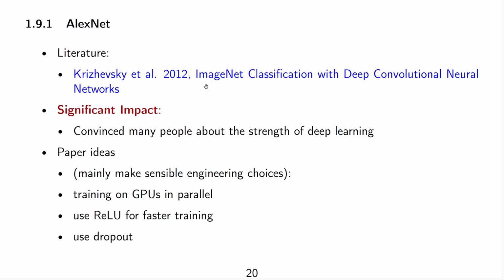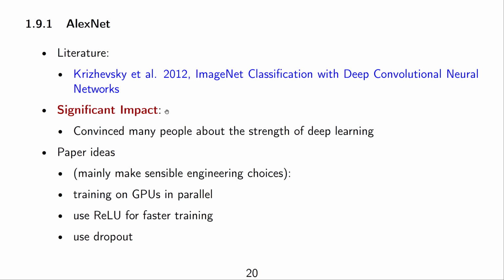AlexNet is described in the paper Image Classification with Deep Convolutional Neural Networks by Krizhevsky et al. And the significant impact of AlexNet was made clear when it won the ImageNet challenge.